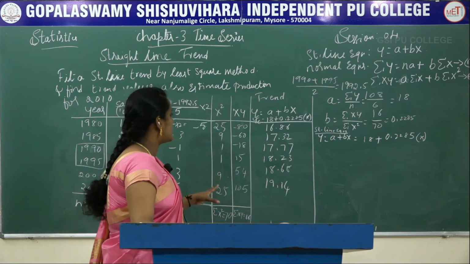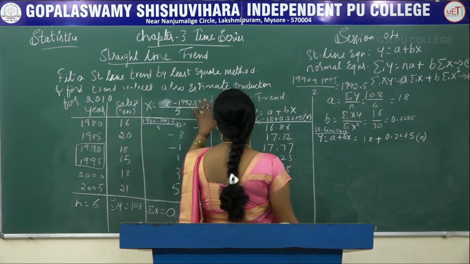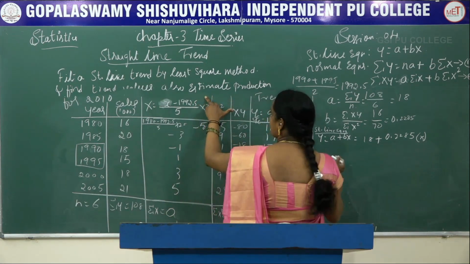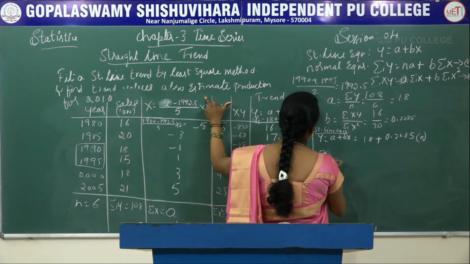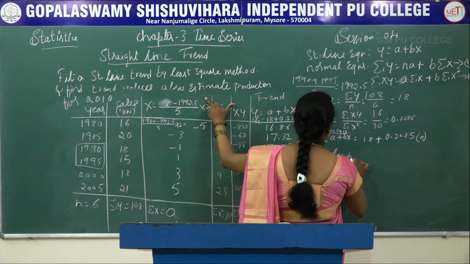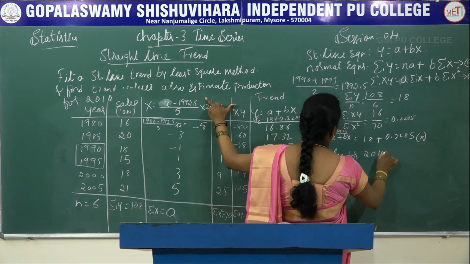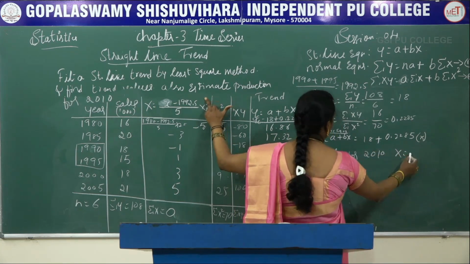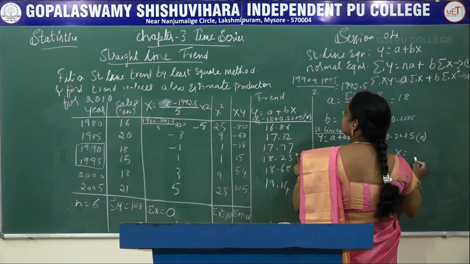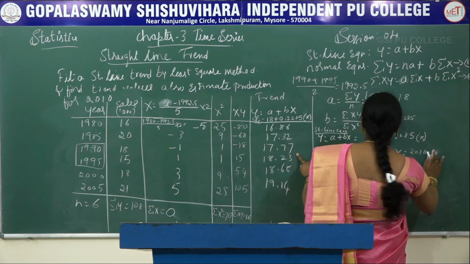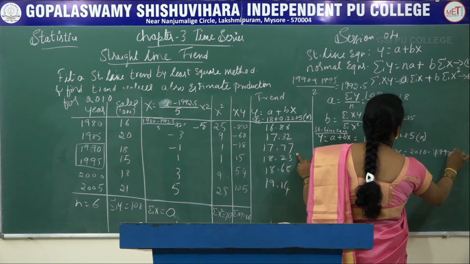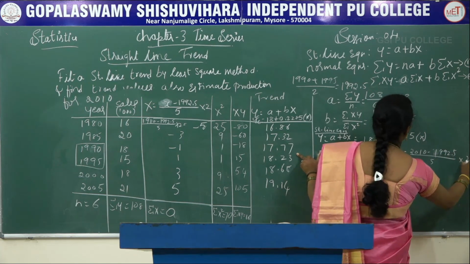After finding the trend values, the next step is to estimate the production, or sales, for 2010. To find X, it is again 2010 minus 1992.5 divided by 5, multiplied by 2.